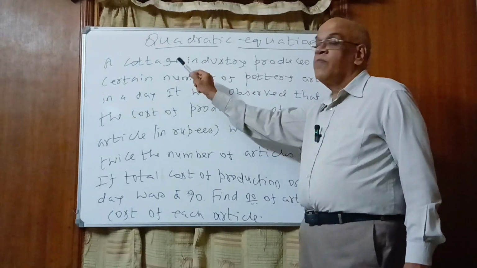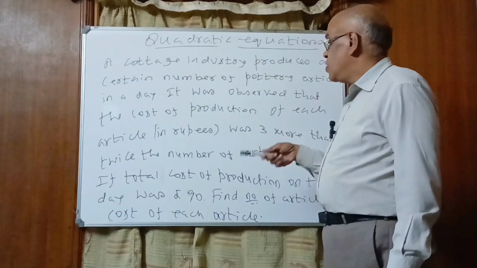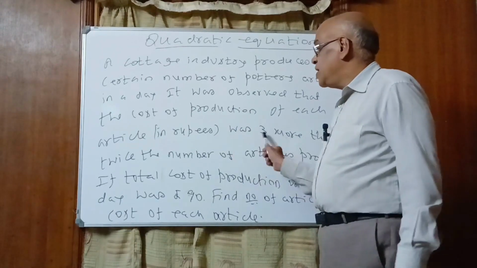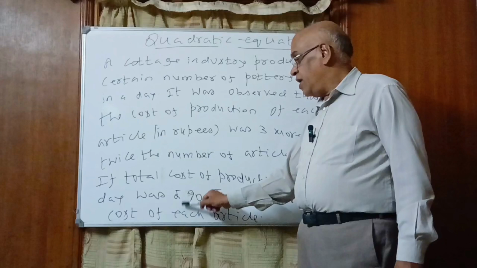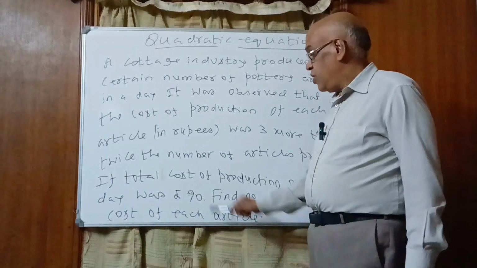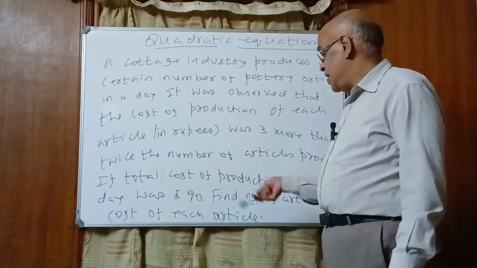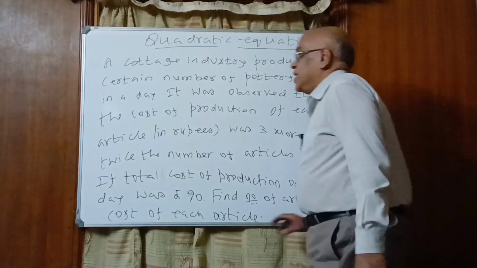What was the number of articles produced? We'll call it x. What is the cost of each article? 2x plus 3. On that particular day, what was the cost? Rupees 90. That is x into 2x plus 3 is 90. Find the number of articles and the cost of each article.